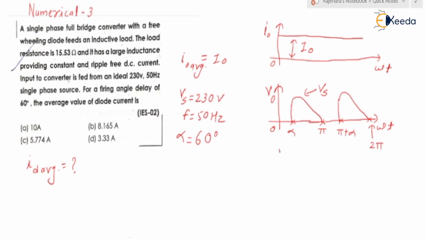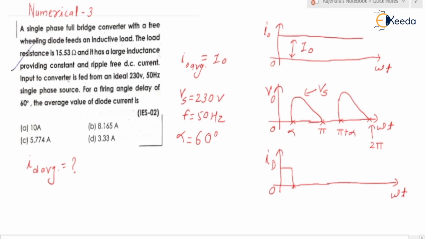Now if we draw the waveform of ID, the diode current, it will be like this. From omega t equal to 0 to alpha, the freewheeling diode will be in the on state, so ID will be the same as the load current, which is I0.